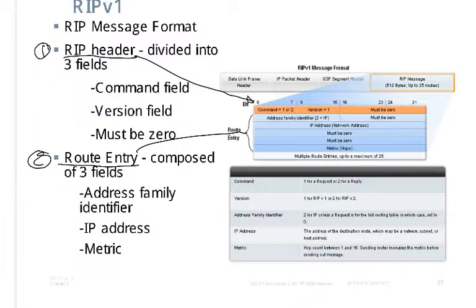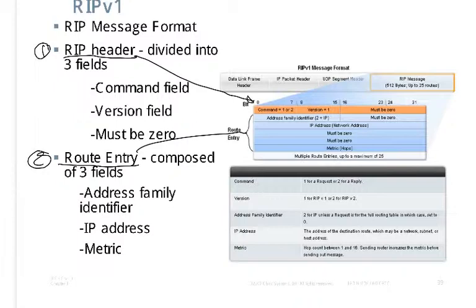Why do you have to communicate the version as part of the update? Because both have different features. That is correct. And for example, some routers may not support RIP version 2. So if they receive a route update for RIP version 2, they ignore it because they cannot understand what that means. So you always try to be backward compatible.